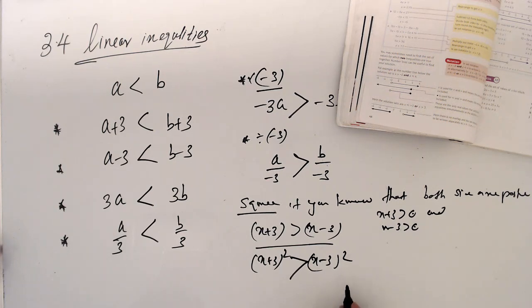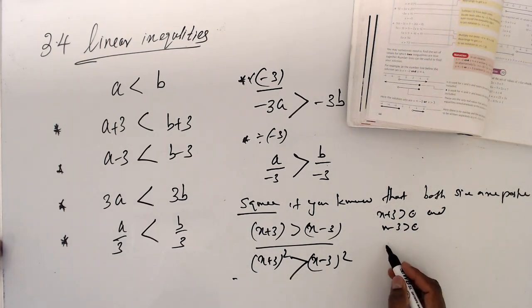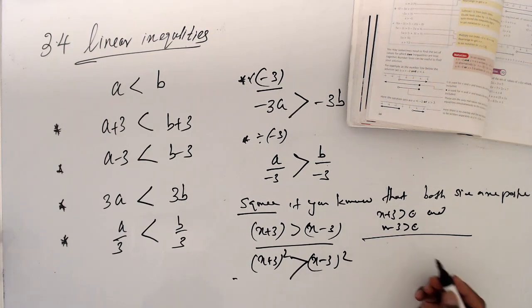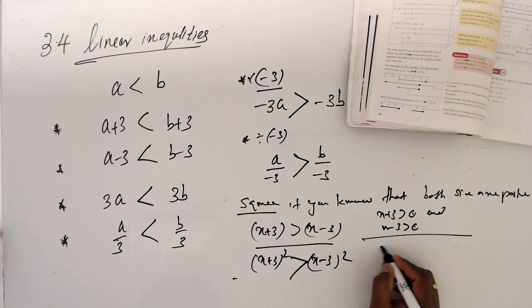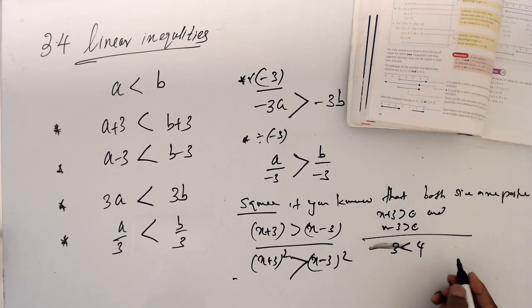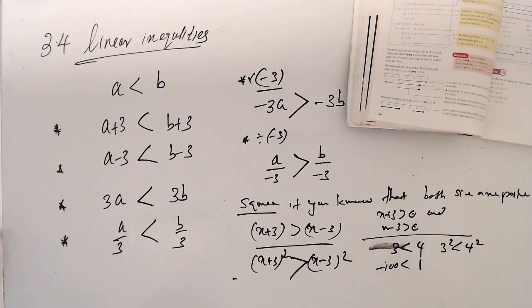If you don't know, then you can't do it. Why? Because, for example, minus 100 is less than 1.